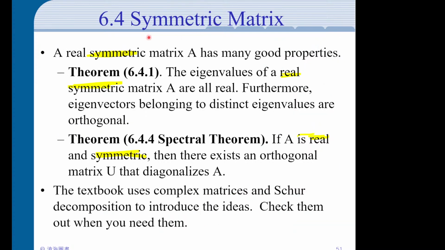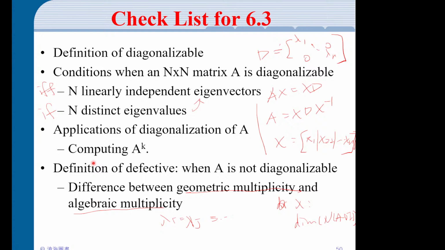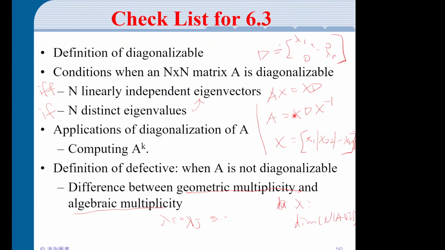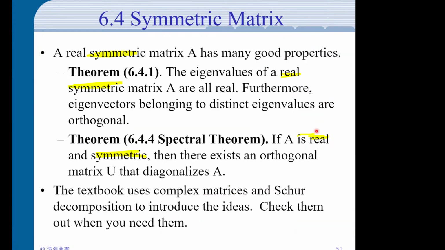We're going to see that symmetric matrices are always diagonalizable, and not only that, they are diagonalizable by an orthogonal matrix. So remember, diagonalizable means A equals X D X minus 1 for whatever X is invertible. And we'll see that for a symmetric matrix, the X here is going to be an orthogonal matrix.